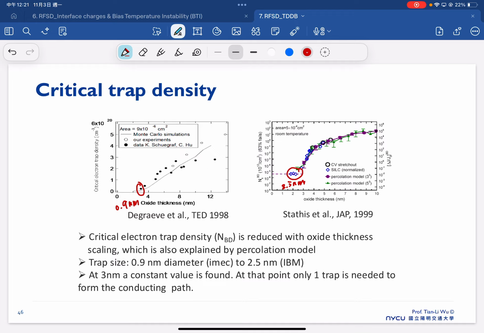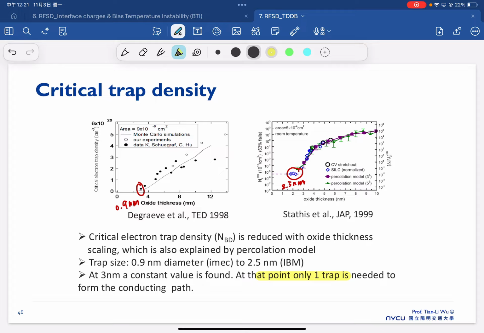And then you can see that with the oxide thickness decreasing, you probably only need one defect. That's enough to trigger the breakdown, which is a very important warning. Only one trap is needed to form the conducting path.